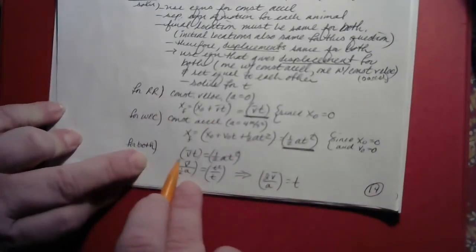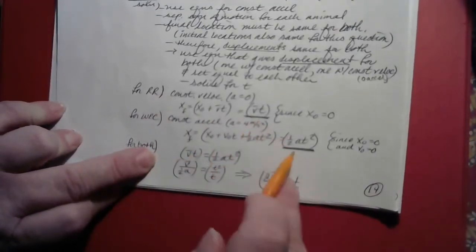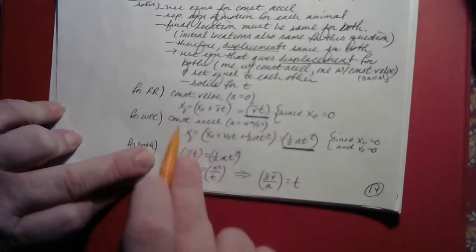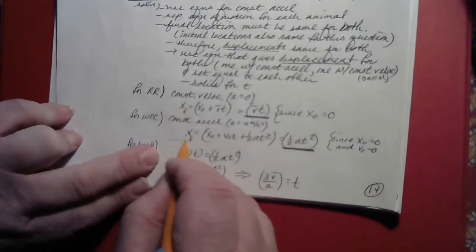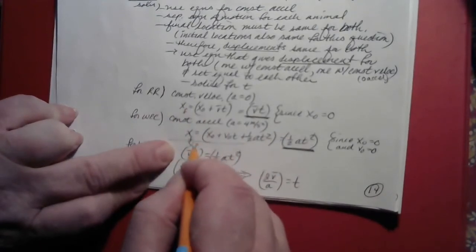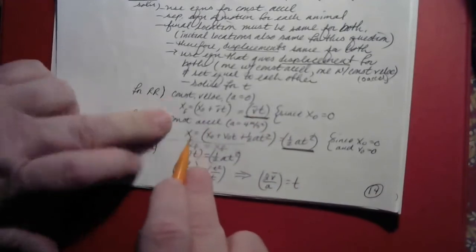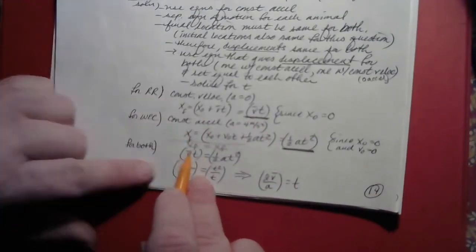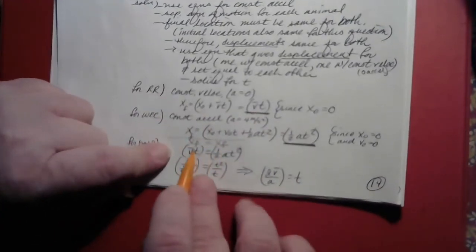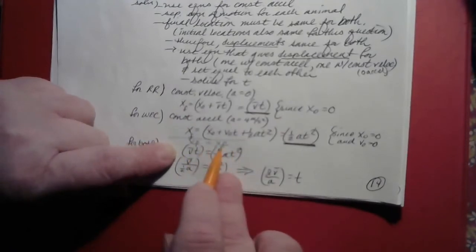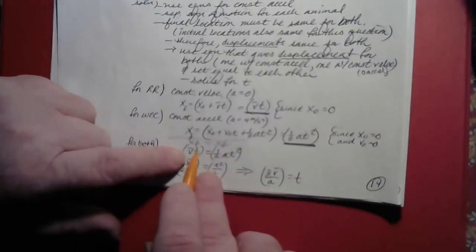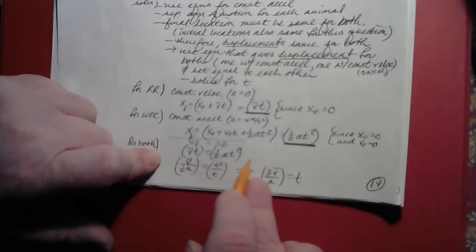Okay, so for both of them, we just set one equation equal to the other, since both of these equations give the final destination or the final position, and we know from above that the final positions have to be equal to each other. Therefore, VT equals 1/2 AT squared.